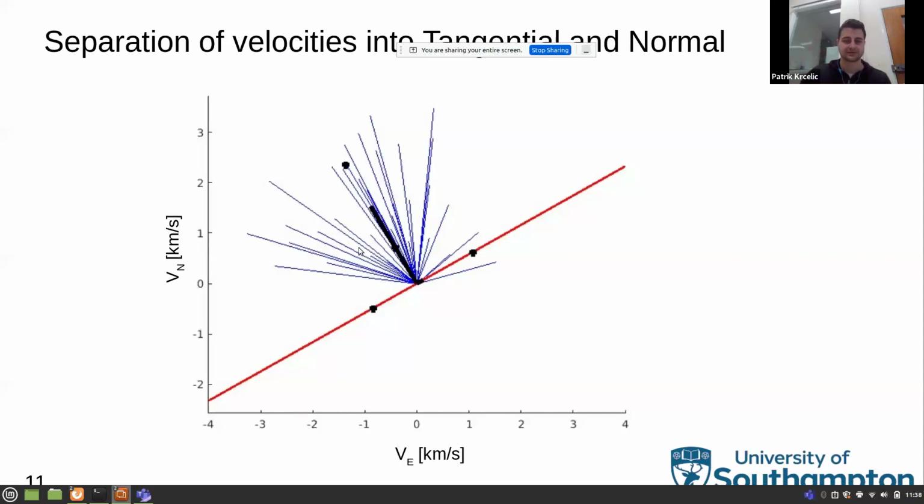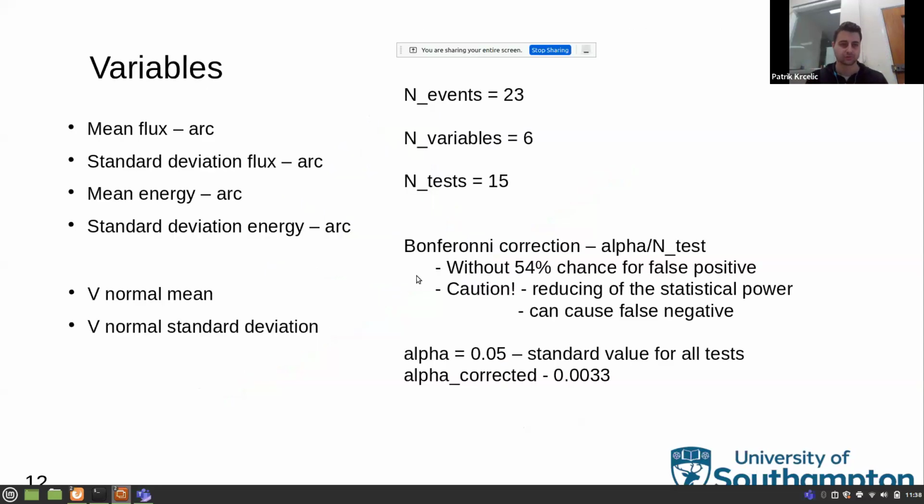And here we can see the mean value with black vector, and the dots are representing the variability in two directions. So in total, we have 6 variables that we are observing: the mean flux of the event, the standard deviation of the flux, the mean energy, the standard deviation of the energy, and then the normal direction of the ion drift, mean value, and standard deviation.